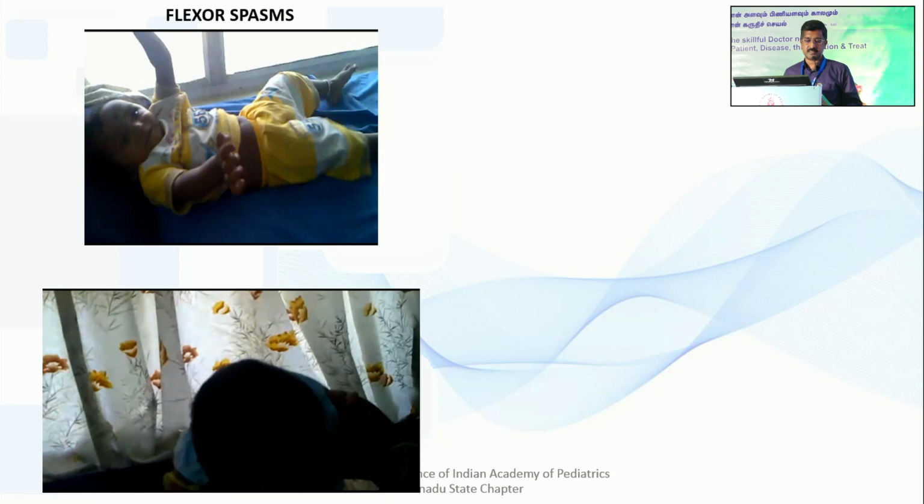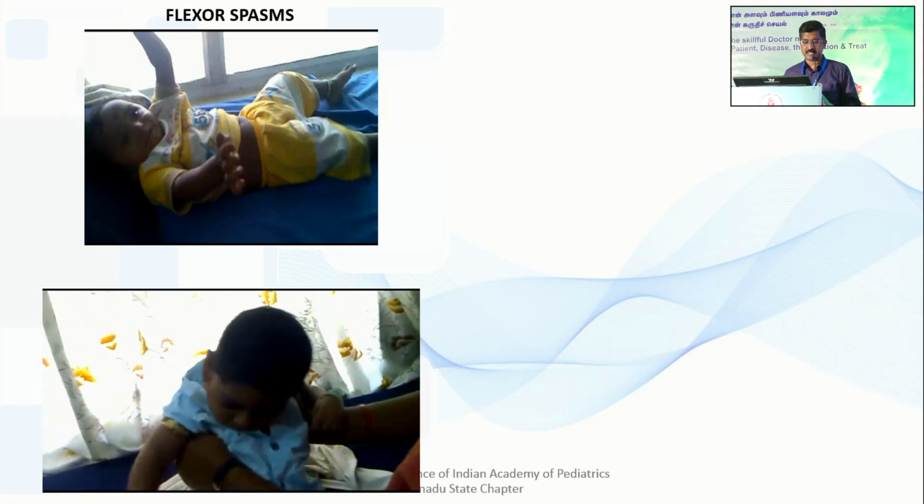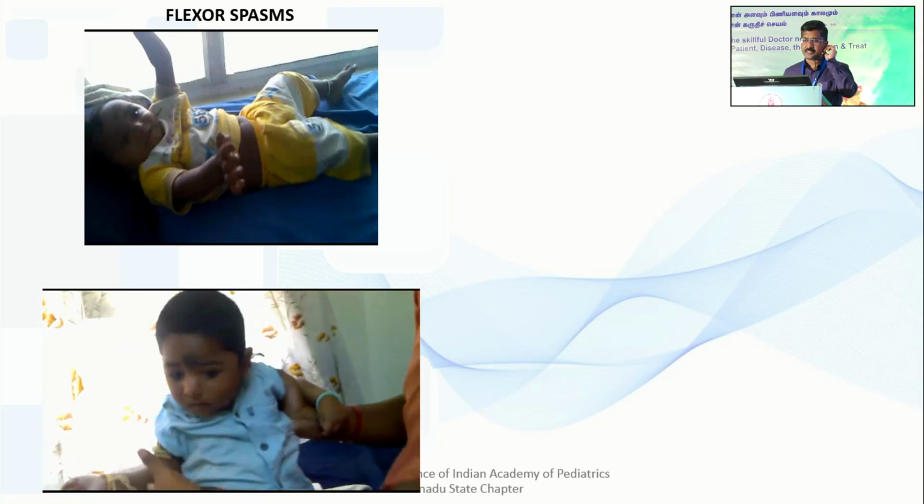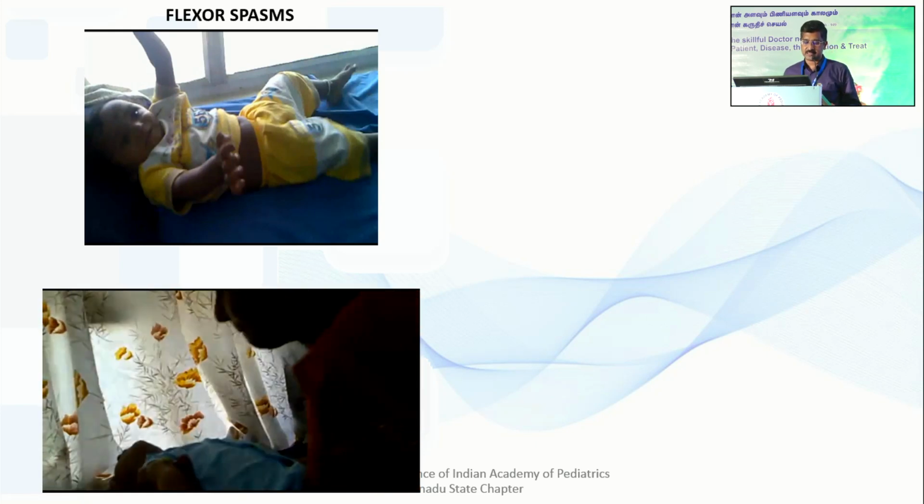And when it is associated with other triads like developmental delay or hypsarrhythmia, we call it West syndrome. Now there are a lot of options available, either injection ACTH, oral prednisolone, or vigabatrin, or you can have a combination. But I generally use ACTH.